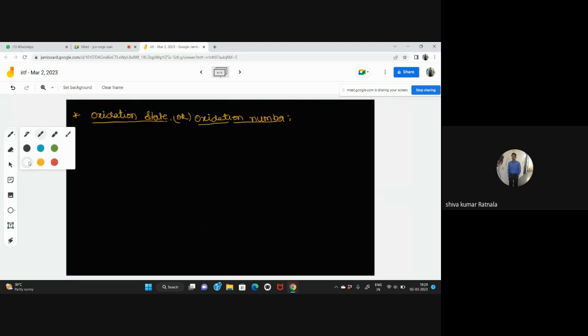Simply, oxidation state or oxidation number means the charge on an atom in a compound or in a molecule.